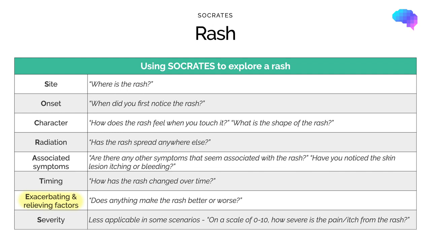Perhaps they've already tried some creams or other treatments. Asking about severity is perhaps less relevant, as we're going to assess the severity of the rash during our clinical examination. So I hope these 3 examples have shown you how flexible the SOCRATES framework can be, and how it can be used in a variety of situations to help you structure your questioning.